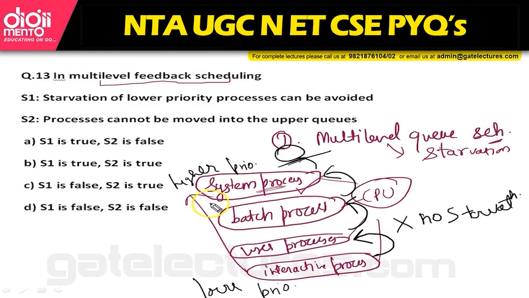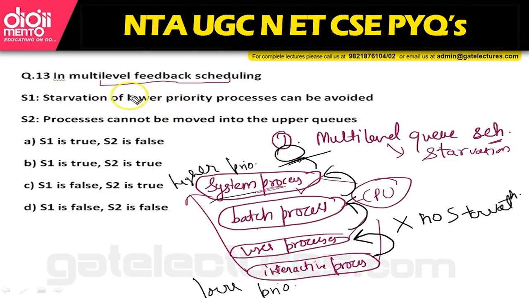So when some higher priority process is running, no lower priority process can run, and also this cannot come in when a higher priority process is already assigned. Okay, so the first statement says starvation of lower priority processes can be avoided in multi-level feedback scheduling, the scheduling algorithm which I explained to you later.